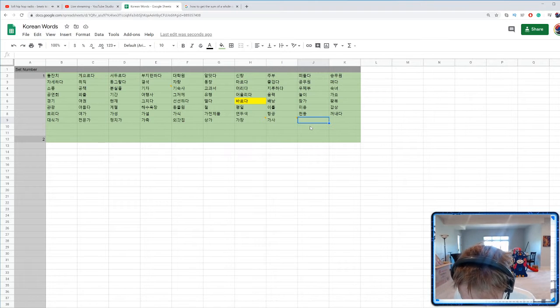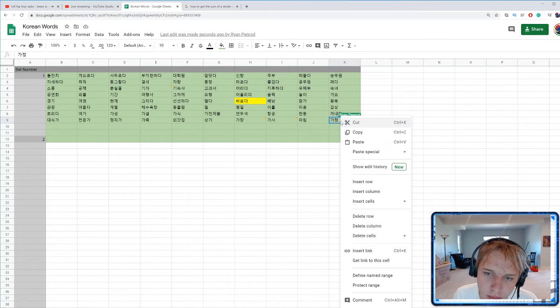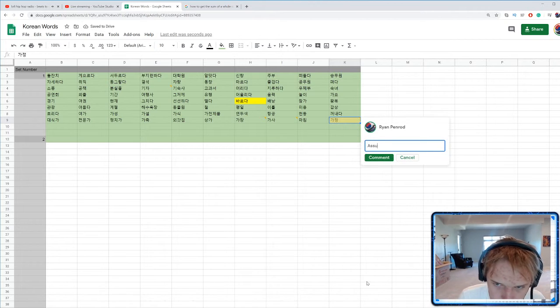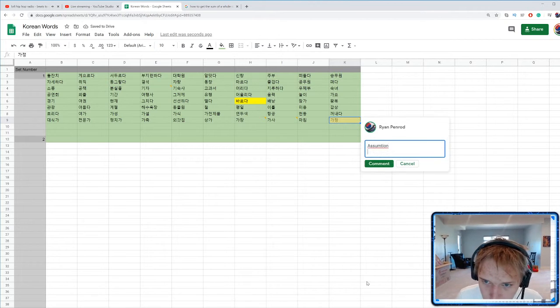Fortunately, opportunity. Machim. Really? Machimne? I don't know. Assumption. Kajang. Pretty sure this one has a few different ones as well. So, assumption.